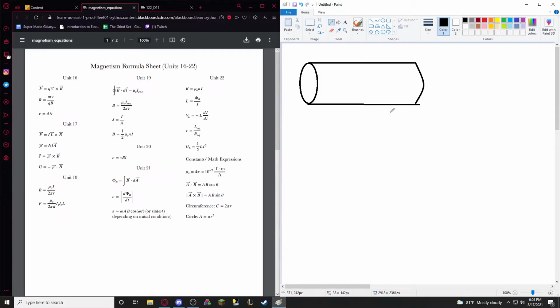Just through the tube like this? No, hang on. The I is the current, and from the picture, the current is going around the tube, like clockwise or counterclockwise. Exactly.